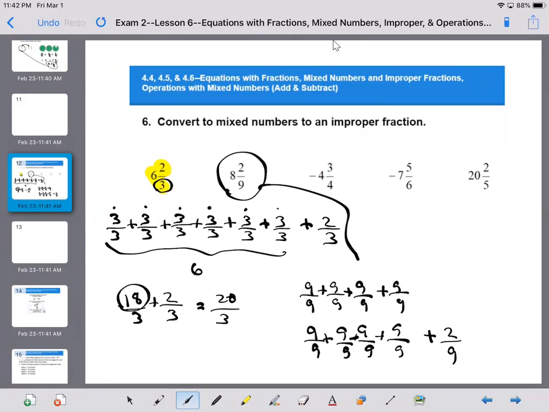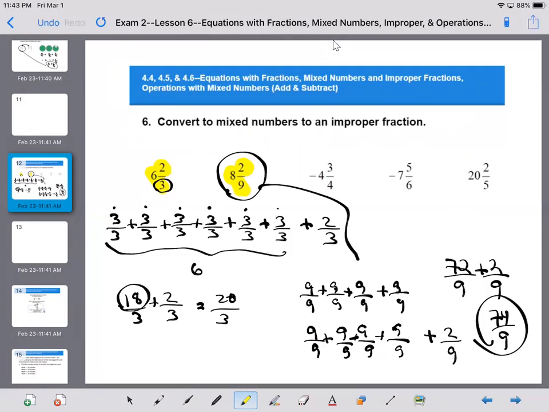So this is 1, 2, 3, 4, 5, 6, 7, 8 groups of 9/9, which would be 72/9 plus 2 more ninths. That would give you 74/9. And so we can say right here that 8 groups of 9/9 is 72. So 8 times 9 is 72, plus the 2 would be 74/9.